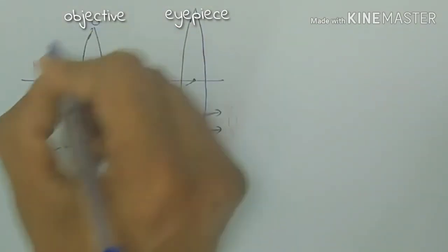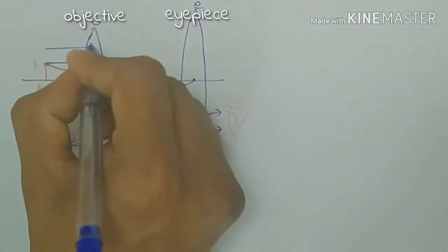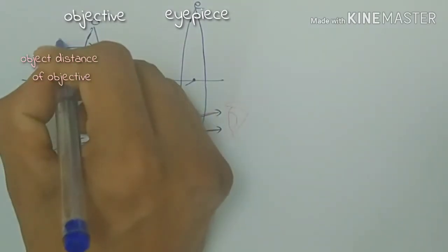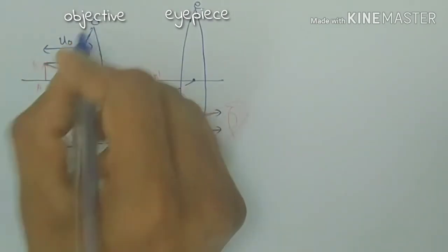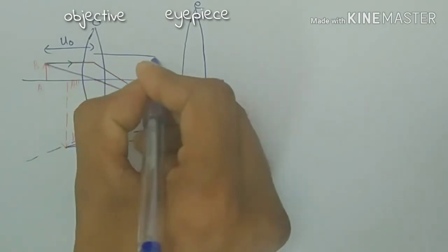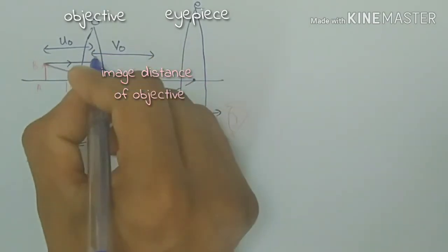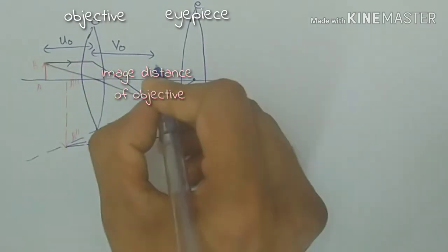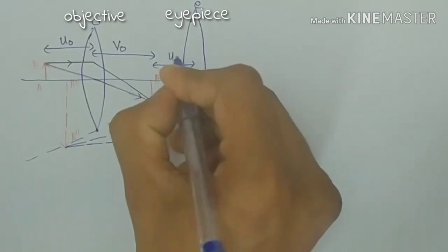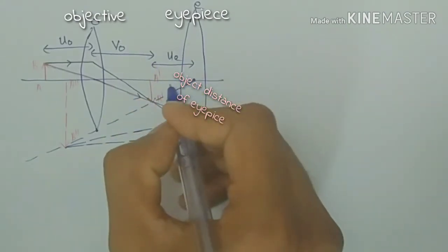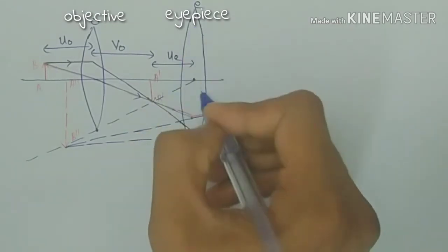Then let's mark these distances. This is our objective lens and this is our eyepiece. This distance is marked as UO because it's the object distance of the objective, and this distance is marked as VO, the image distance of the objective. This distance is marked as UE because this is the object for our eyepiece.